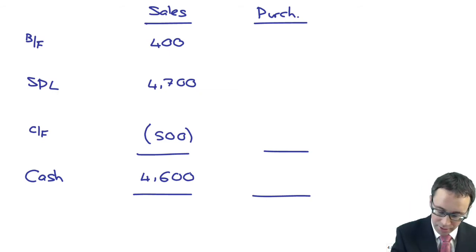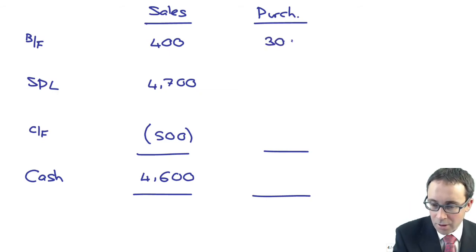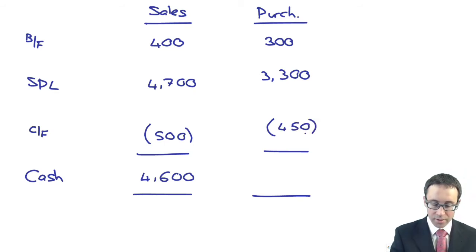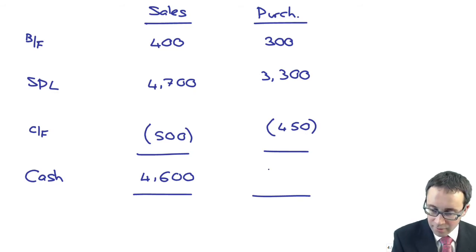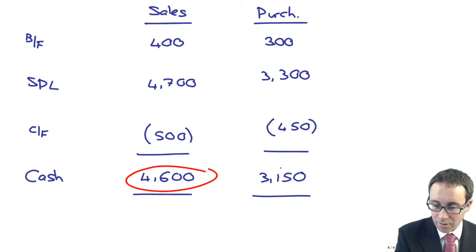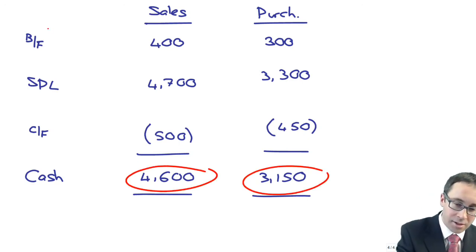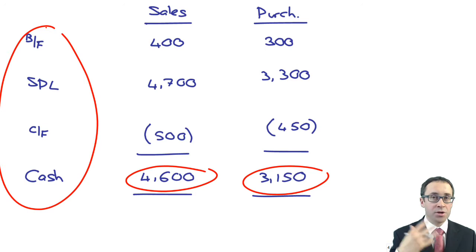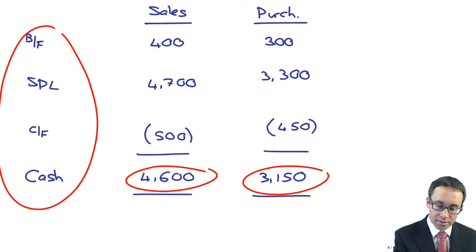And similarly with the purchases related to your payables, you take your opening, you add on the statement of profit or loss figure, you deduct the closing figure, which was 450. Was that 3,150, if memory serves me right? Yeah, it gives me 3,150. So you've got exactly the same figures as with the T account using this shorthand method. Take your opening, add on the expense or income, and then deduct the carry forward figure. Up to you. Use that method if it makes it easier.